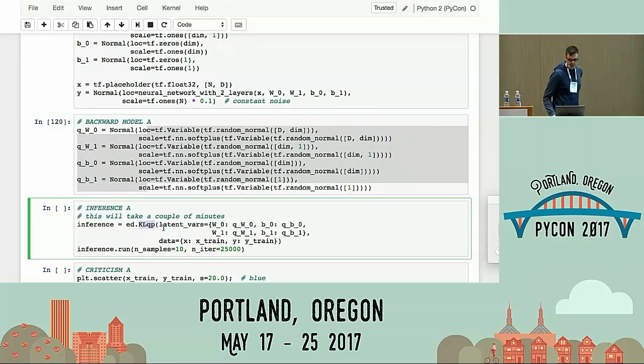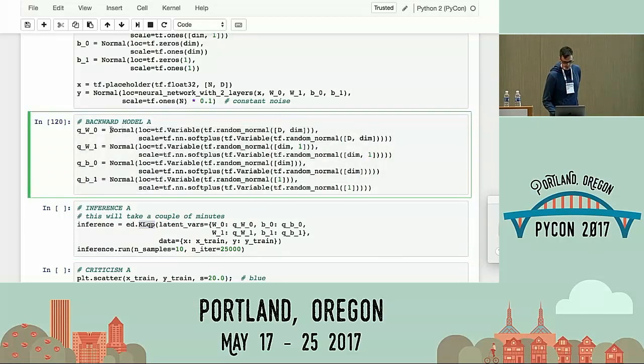We define now a substitute model, which says, okay, for each of these variables, I define these Q functions, and they are just normal distributions, and they have location and scale, and where the location is and what the scale is, so the noise level of these normals, I don't know. So I initialize them with a random value, but I give them the right dimensions, and I mark them as variables. So that means that Edward can realize that these should change and can change. So it will try to optimize over them.